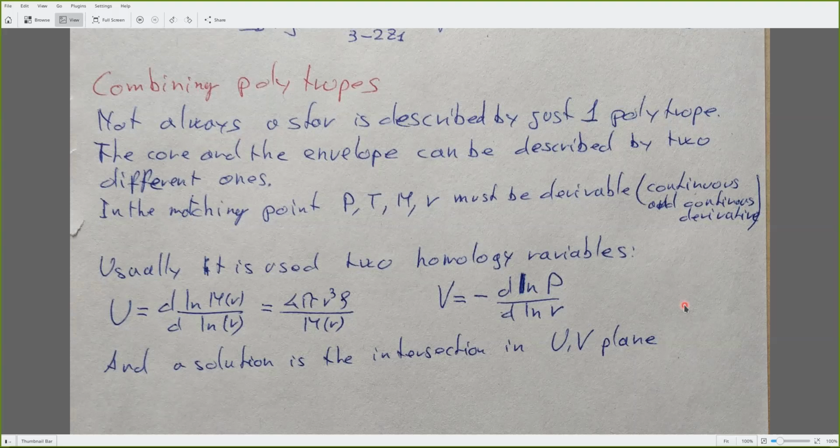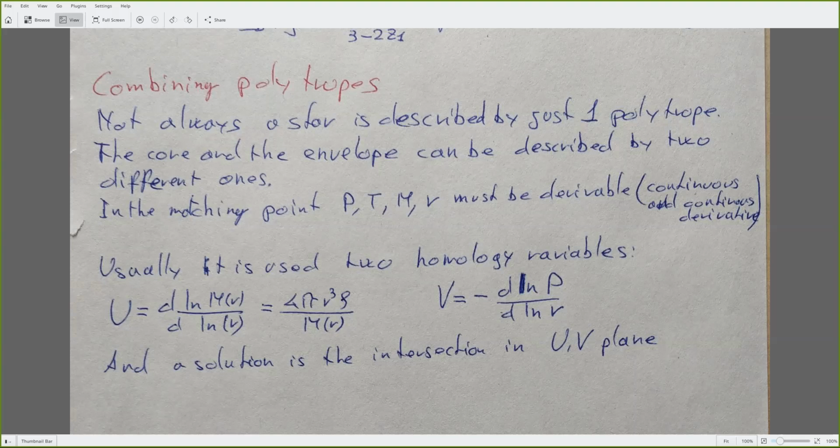So actually the polytropic index is not constant, it can easily change. So as we saw at the beginning, usually we don't solve for all the star at once. We need to separate several parts of the star, apply the model, and then try to connect them. This is essentially what is done.